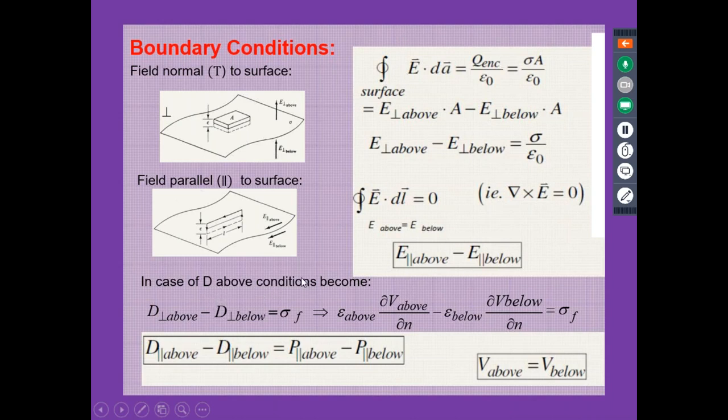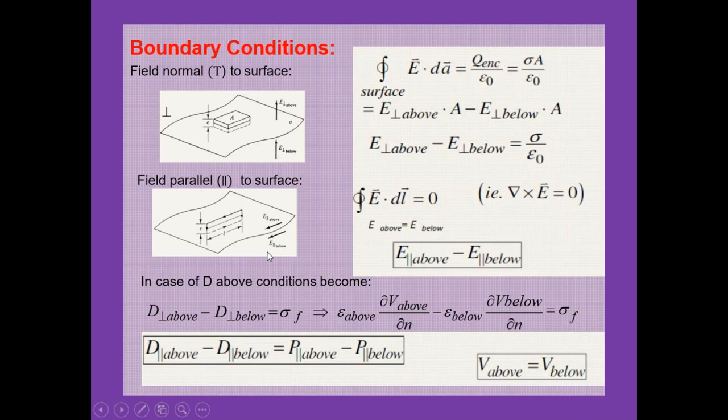In the case of the above, the conditions become D above minus D below, which gives us P parallel above minus P parallel below, and we'll have V above equals V below.